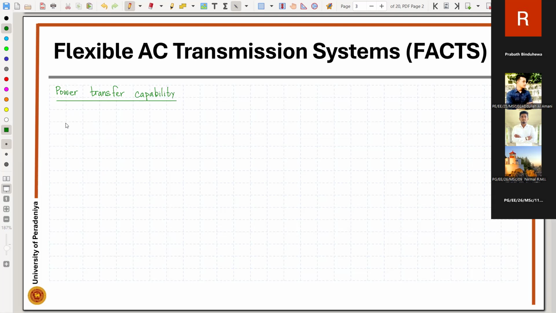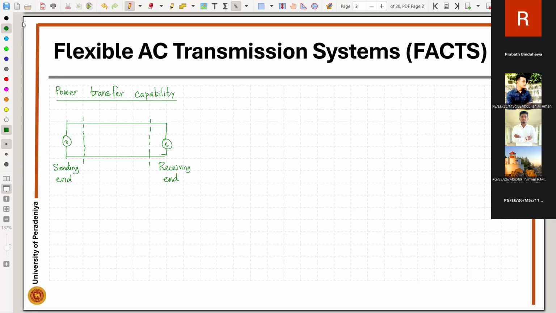So we will consider a line. We have a sending end. In between, we have a line.